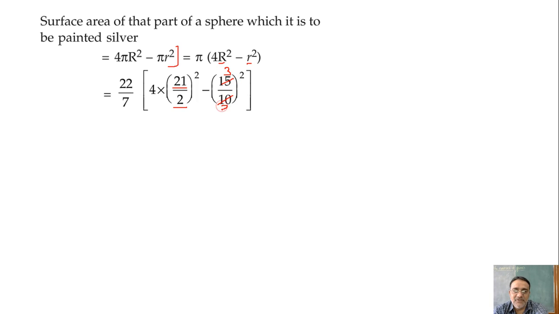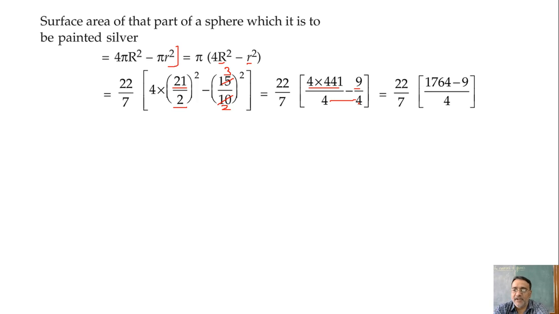We can write 3 by 2 ना. So ये हो जाएगा 9 by 4. This is clear? Yes, sir. Okay, अब the denominator of both are same. That is why I am not going to cancel this 4. So it is easy to take the LCM. 441 into 4 is 1764 minus 9 upon 4. Okay, now this is clear.